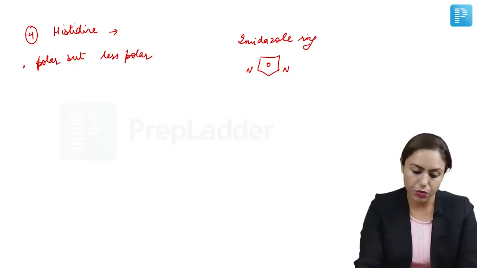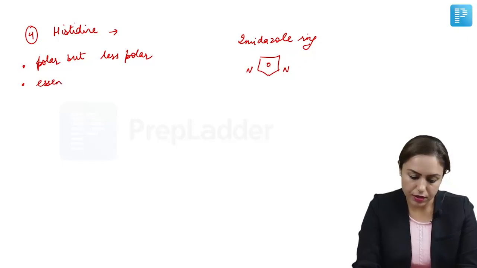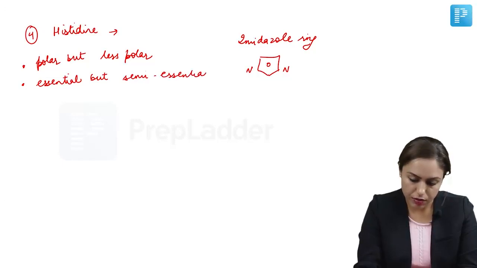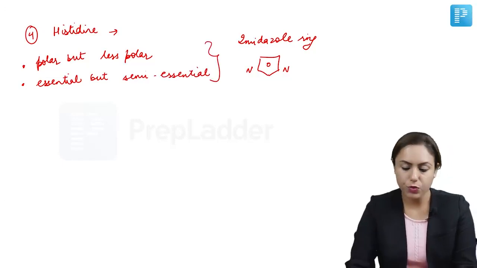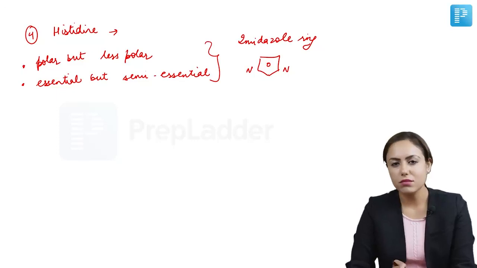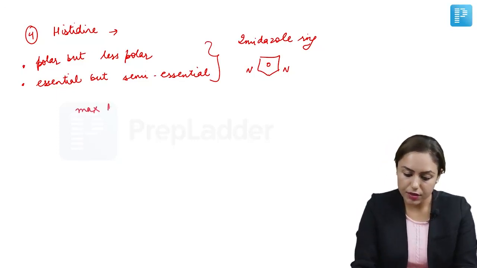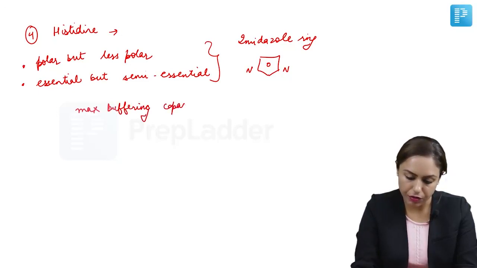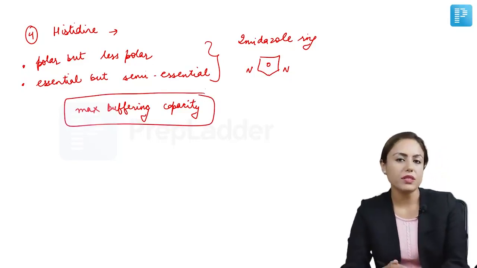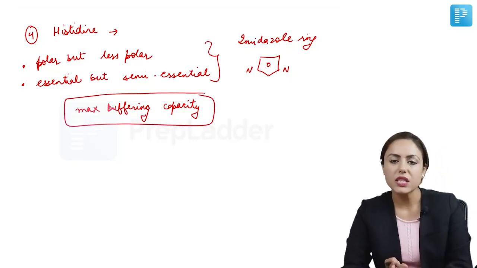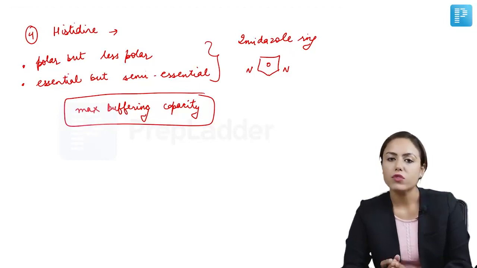It is an essential amino acid, but semi-essential. So both properties, polarity and essentiality, lie midway. But histidine has maximum buffering capacity, and due to this, histidine is present in hemoglobin, which is a very good blood buffer.